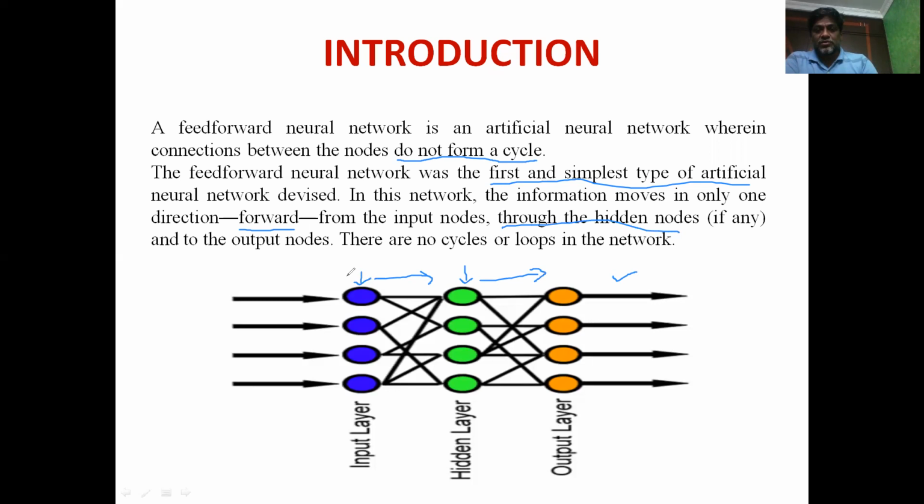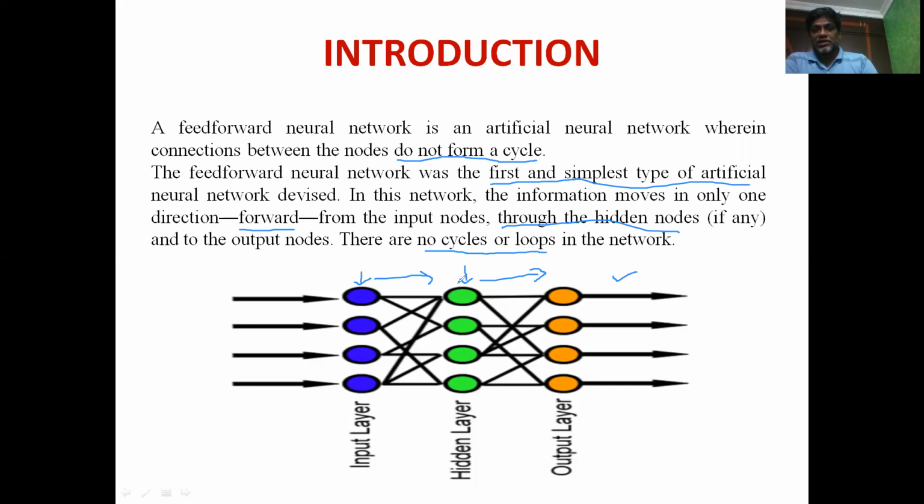During this entire process, you should not see any cycles or loops. So overall, the major point is that a feed-forward neural network is a directed acyclic neural network, which means that there are no cycles in the network.